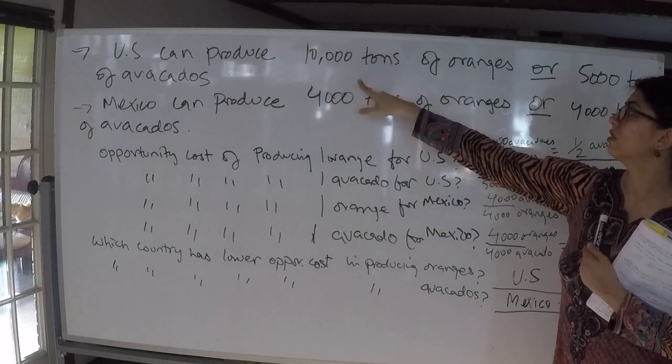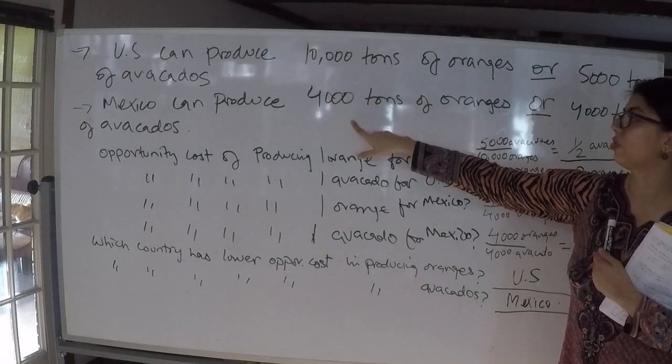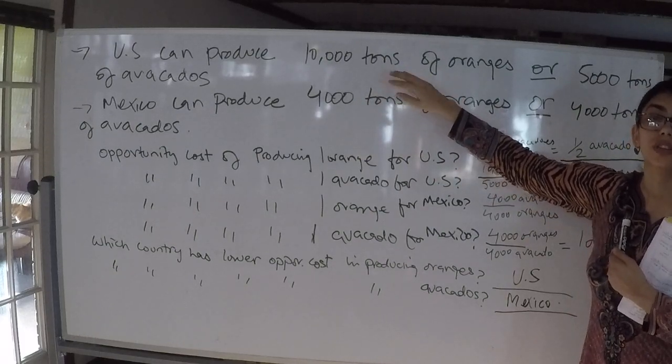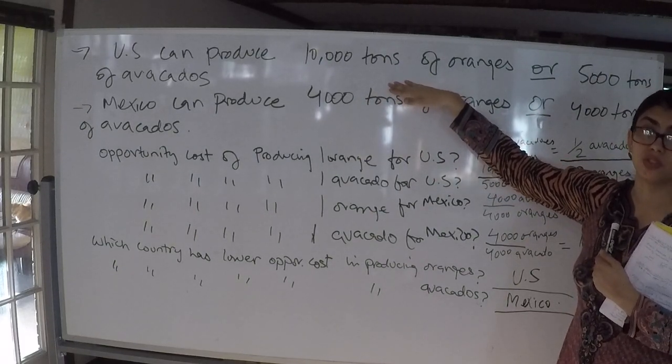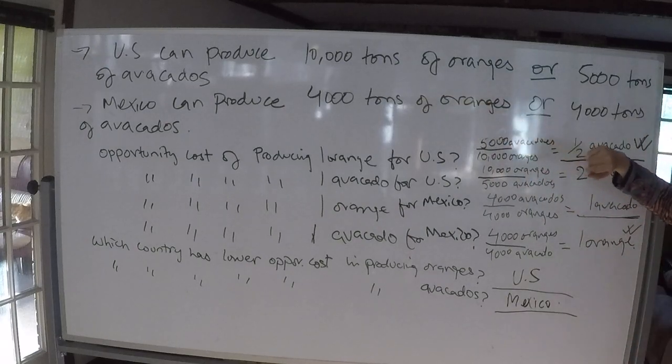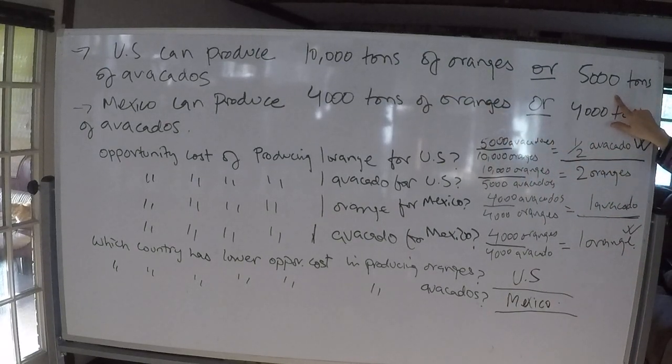US can do 10,000 tons of oranges, Mexico can do 4,000 tons. US can do more, so US has the absolute advantage in oranges. What about avocados? 5,000 for US, 4,000 for Mexico. US can do more of that too, so US has an absolute advantage in producing avocados as well.